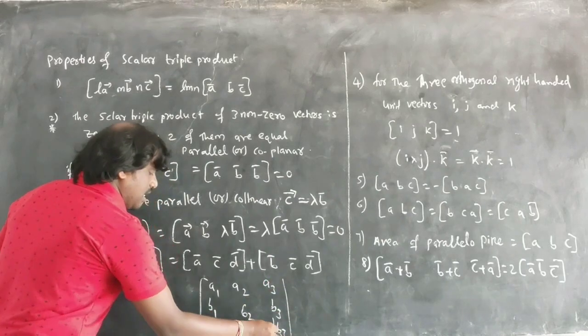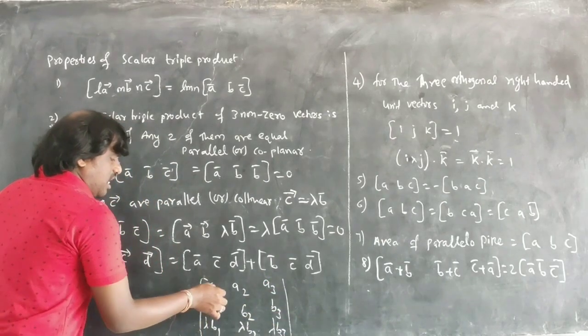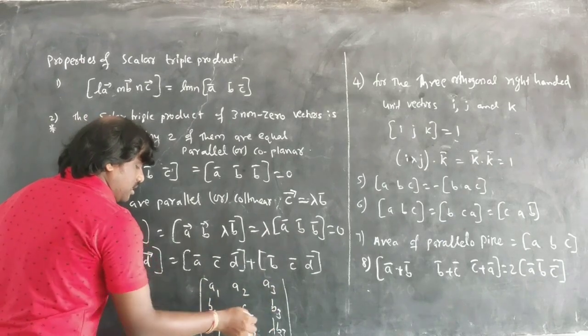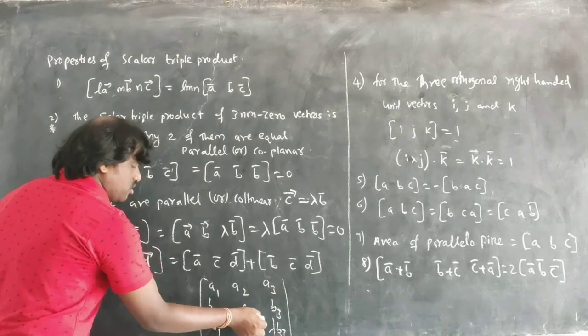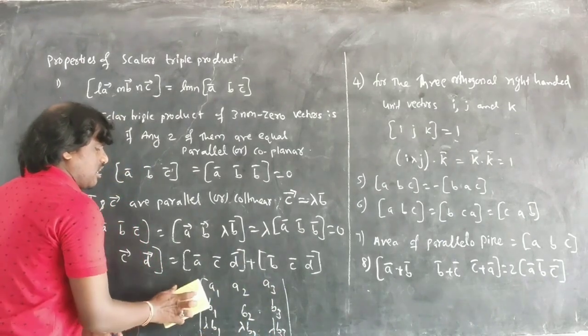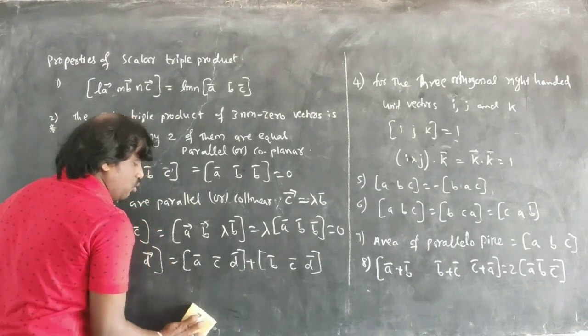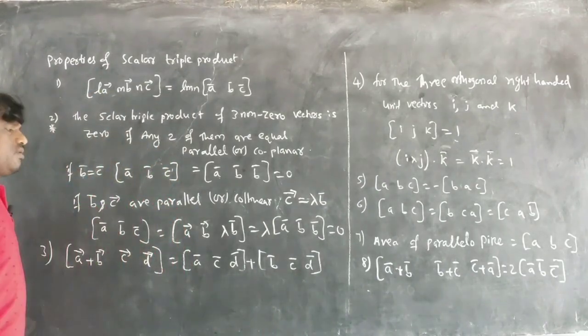I can take lambda out, leaving A1, A2, A3, B1, B2, B3, B1, B2, B3. Two rows are equal, so this determinant value will become 0. That is what I want to say.